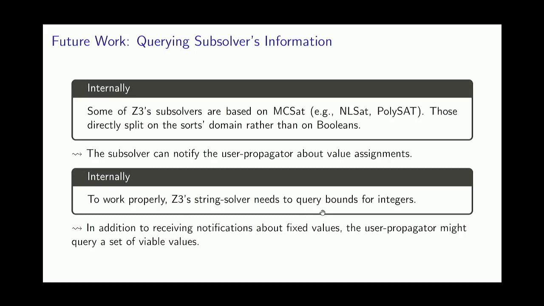So it might not know the precise value for x, but it knows it's at most 3 and at least -7. So this might also give an alternative API that allows us to query potential values. So we can ask the solver, is 3 still a feasible value, or is it already out of reach?